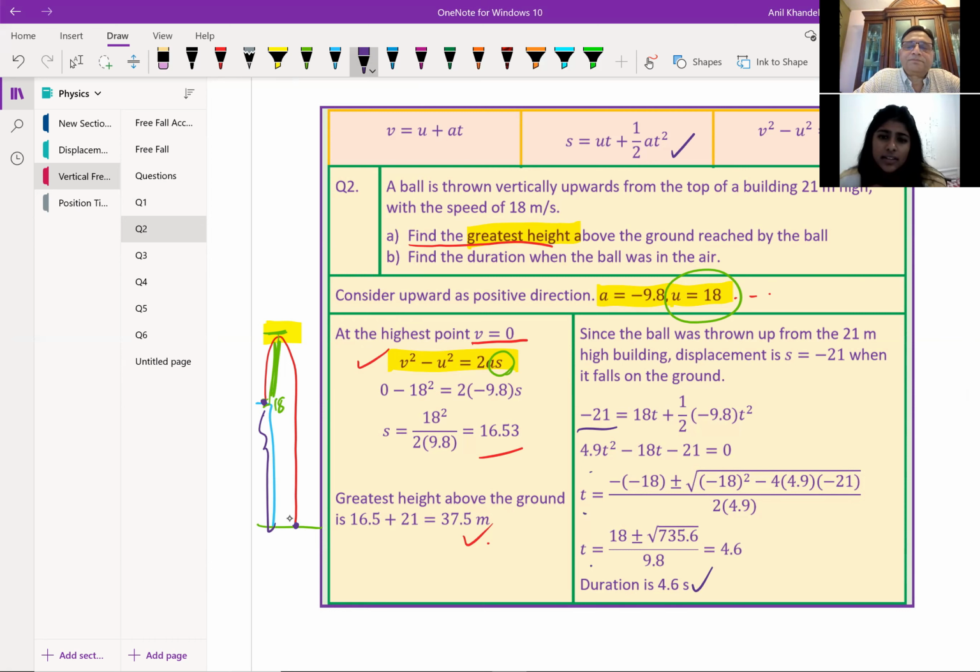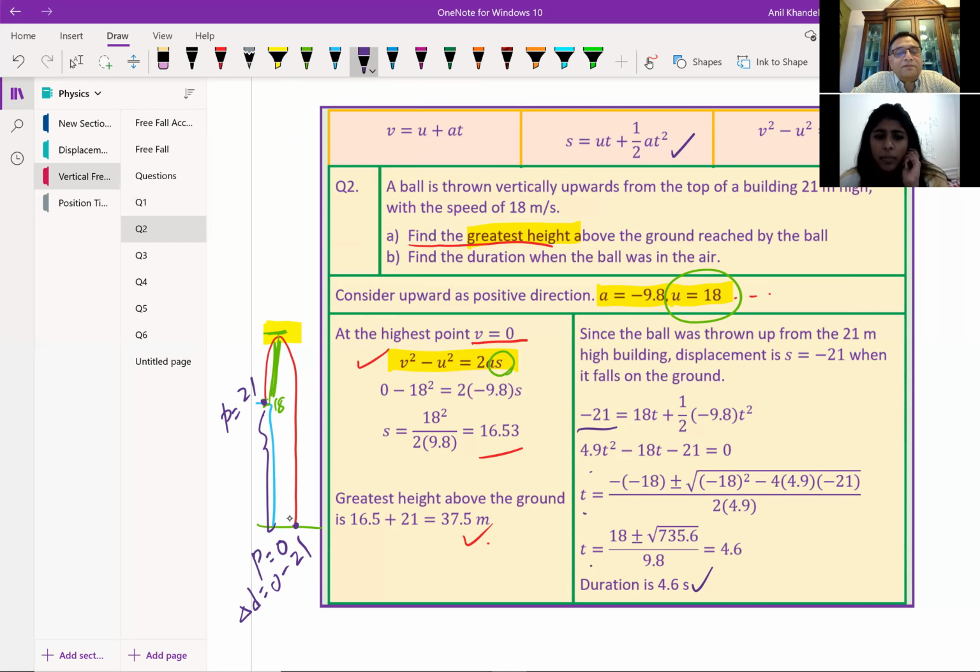So can s always be, I know we're going in the negative direction, but can you always take the absolute value for s? Yeah, this position P, let's say P is 0, right? Here position is 21. So it is 0 minus 21, displacement, right? Delta d, final minus initial.